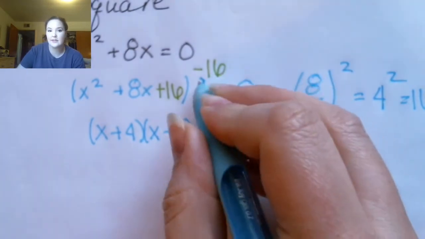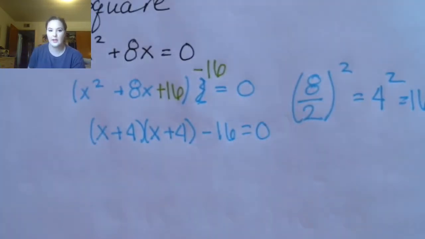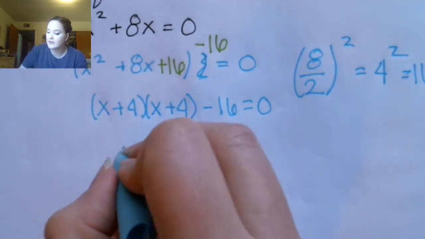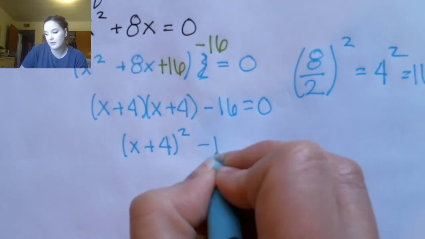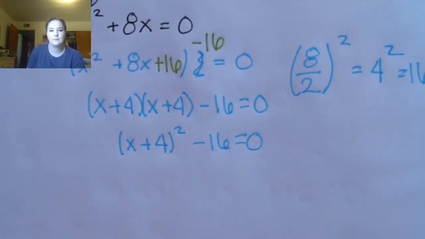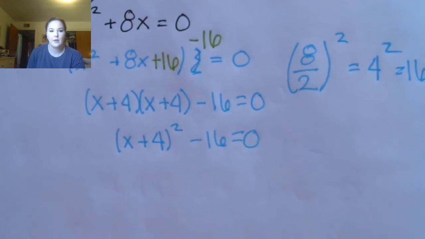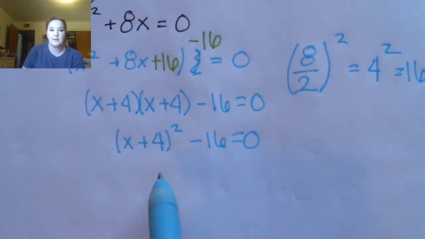And this minus 16 is just going to get carried down here. I'm going to rewrite this with the square notation like this. So this is the part that I would consider completing the square up to this point.